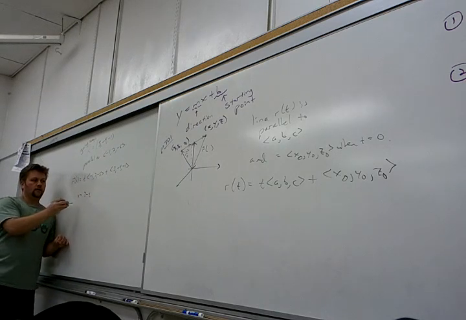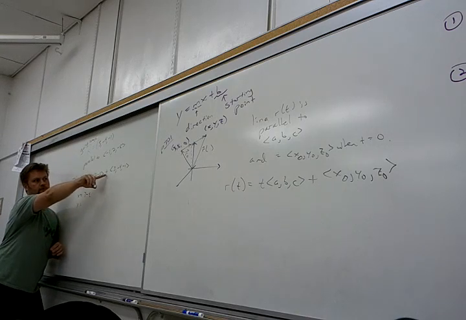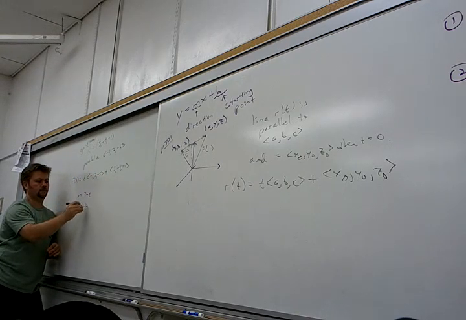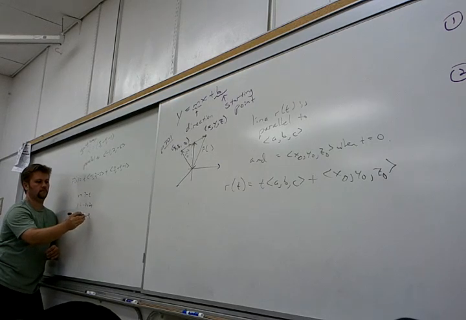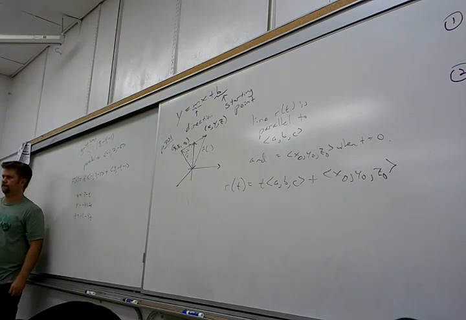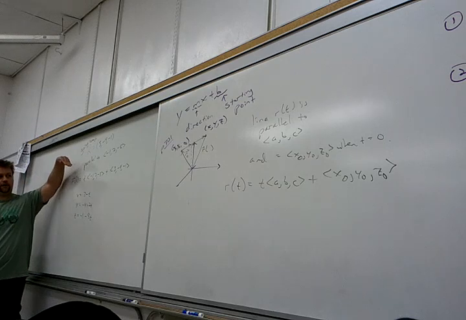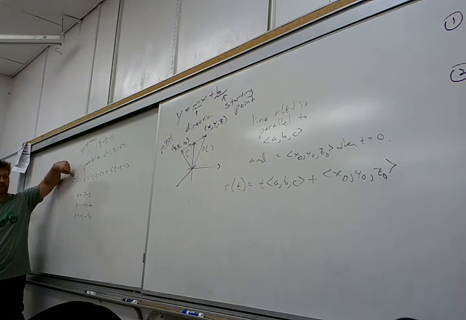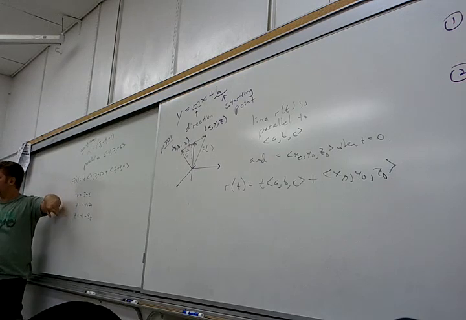Y equals -4 plus 2t. And z equals -1 minus 5t. Okay, that's not too bad, right? So either way, you can represent it like this, or you can represent it like that. Two ways to represent the same thing.